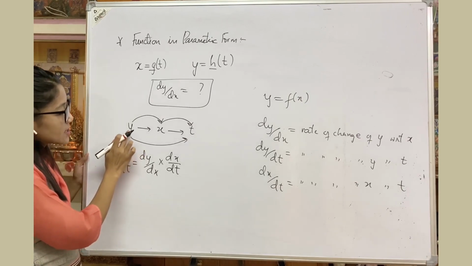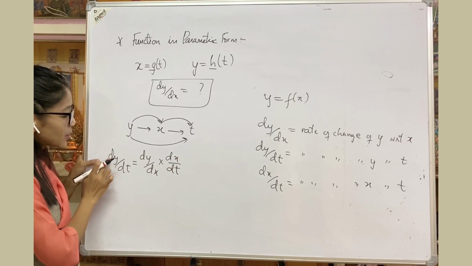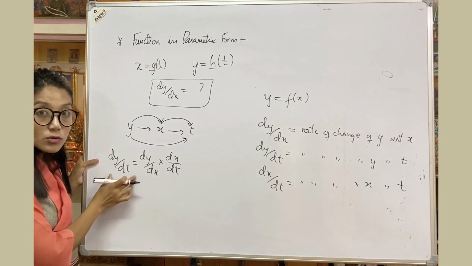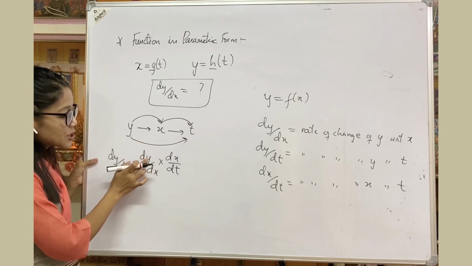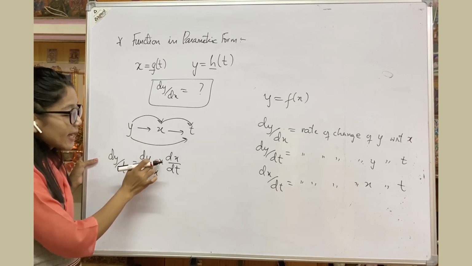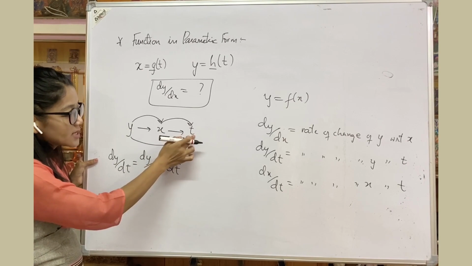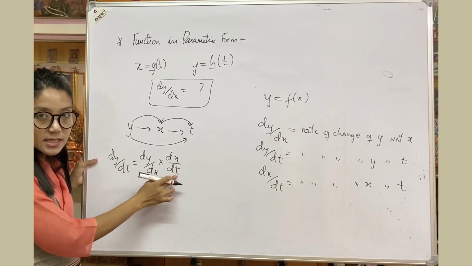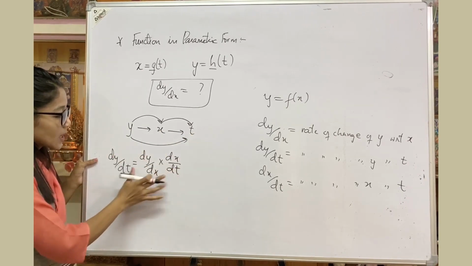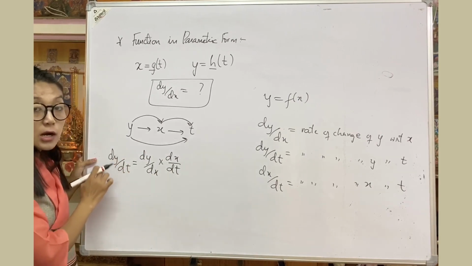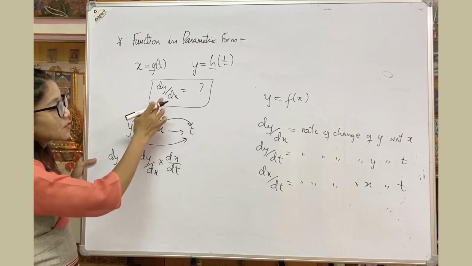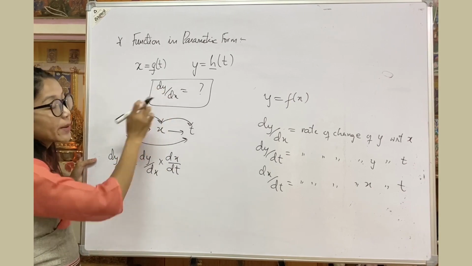So now we have this dy by dt, that's the rate of change of y with respect to t. How this happens is, first y will depend on x, so that is the rate of change of y with respect to x, and after that x will depend on t, so that is dx by dt. So this is dy by dt, right? But here we are not interested in finding dy by dt. What we have to find is dy by dx.